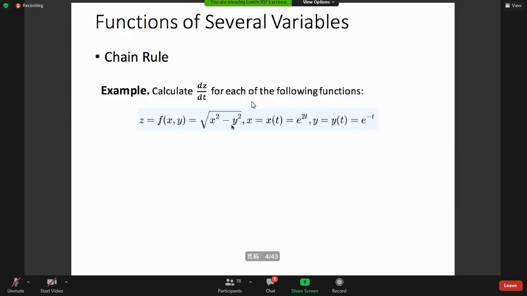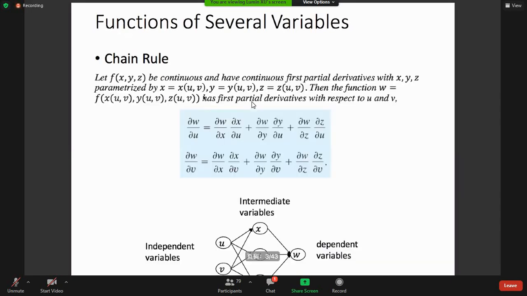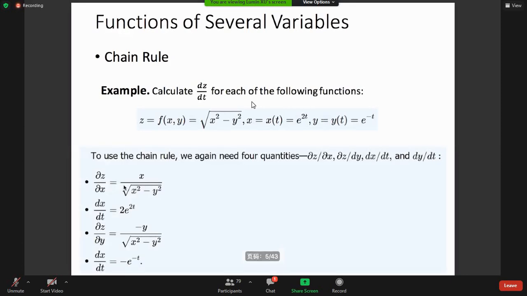But in this case, all the intermediate variables are only related to t, right? So not partial here. So according to the definition, we should first calculate all these partial derivatives, right?